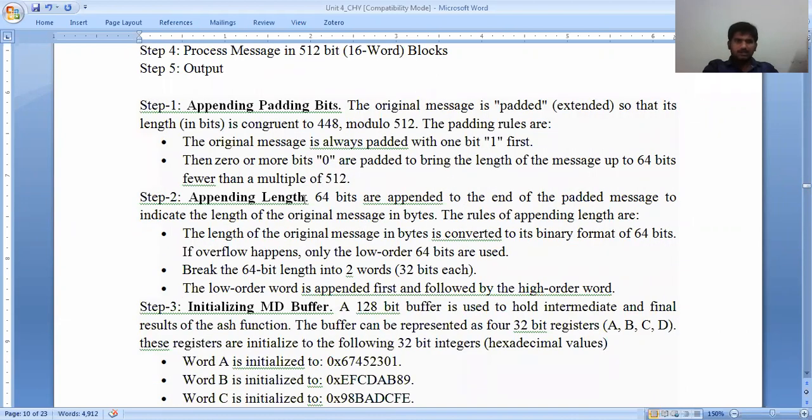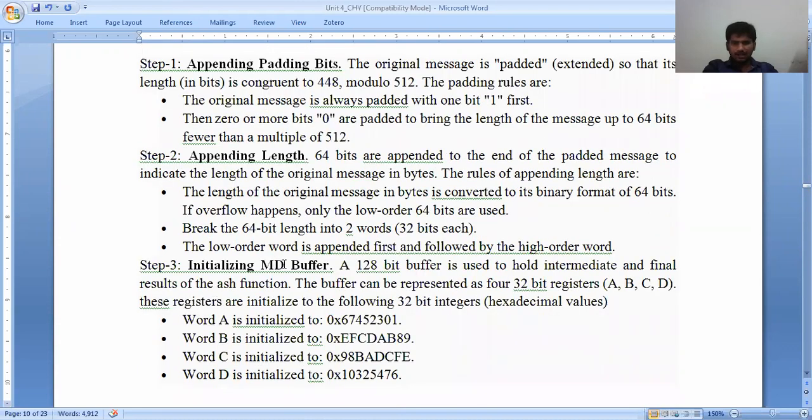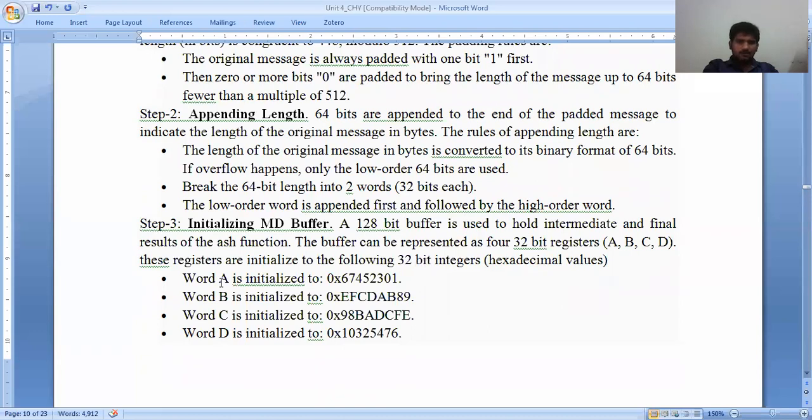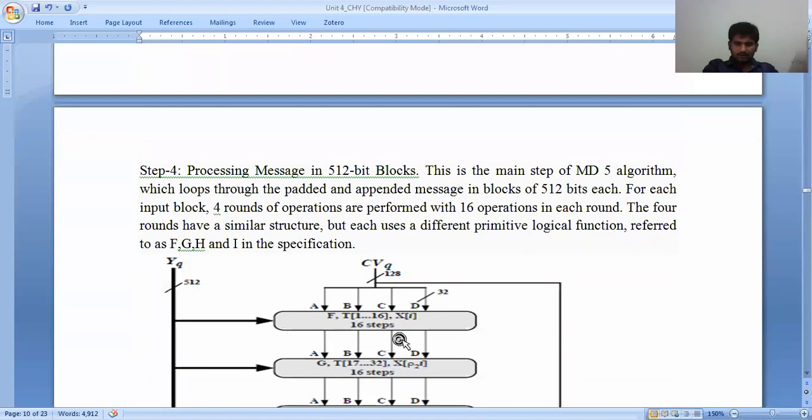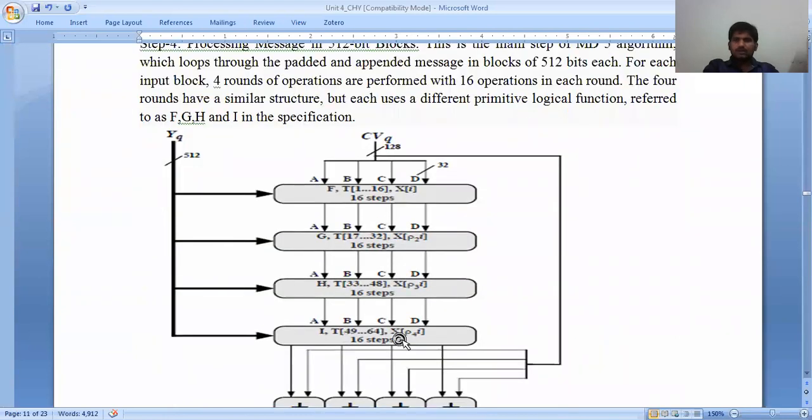Then appending length: 64 bits are appended. Then initializing the MD buffer: a 128-bit buffer is used, from which the message digest will come out. That is the 128 bits. The words A, B, C, and D are initialized. Then how do we perform the processing?